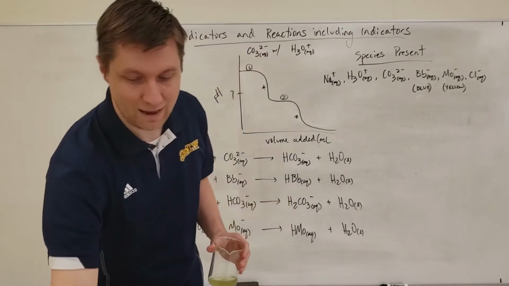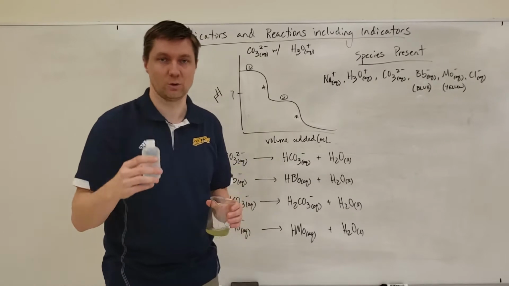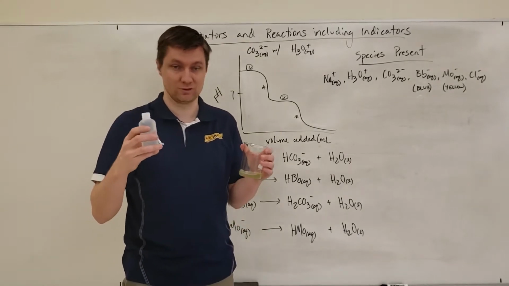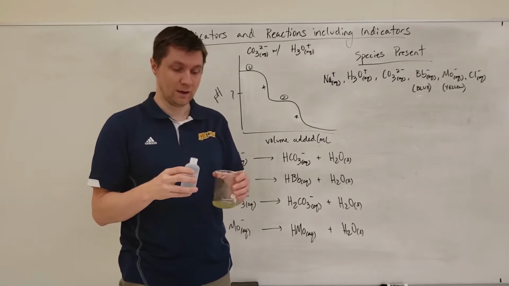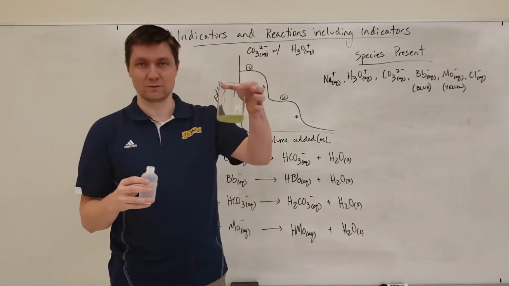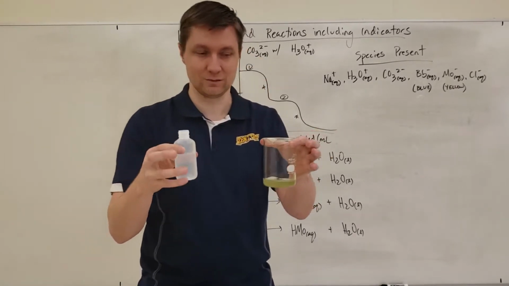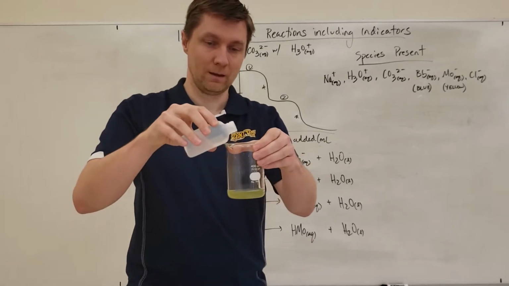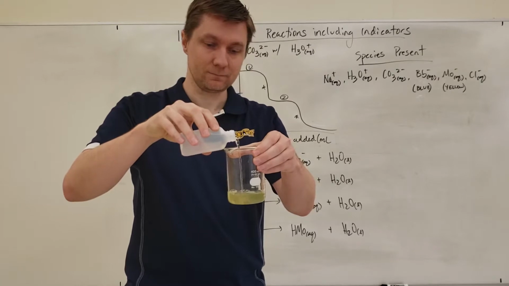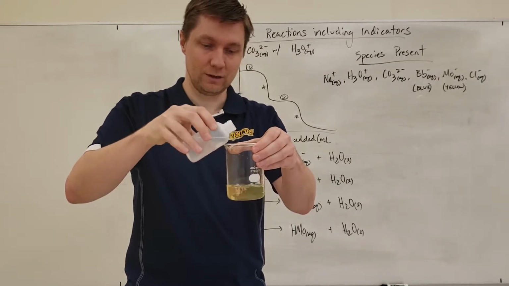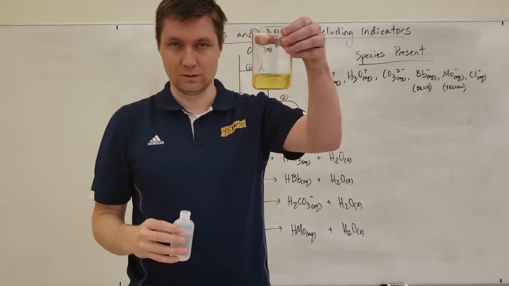Now, if I add some acid to this, it's just hydrochloric acid, so a strong acid, just adding straight up hydronium ions to this. Let's see what we can observe as far as color changes. And hopefully you can see this okay on the camera. So I'm adding in the acid, and I'm still green, and then I turn into yellow.